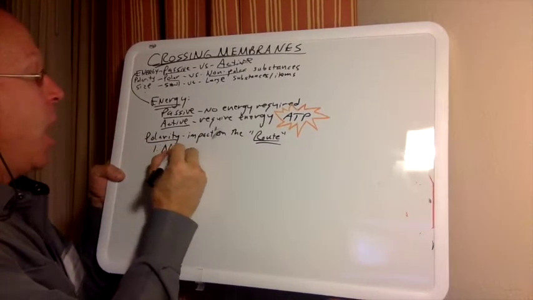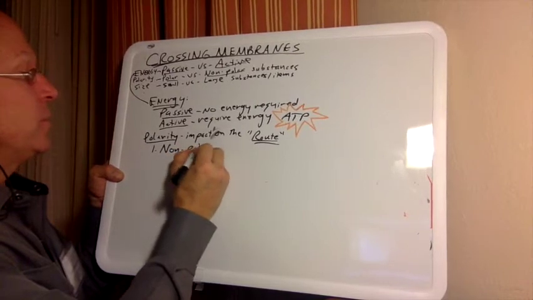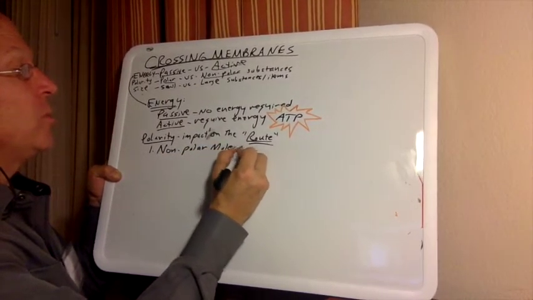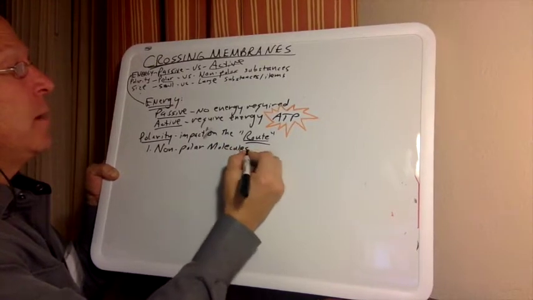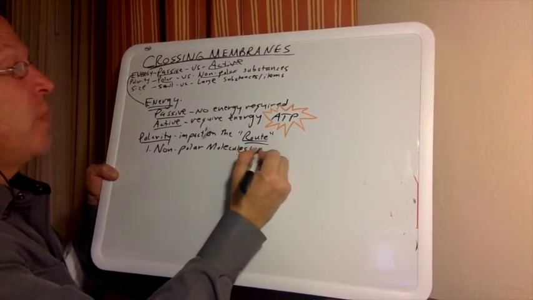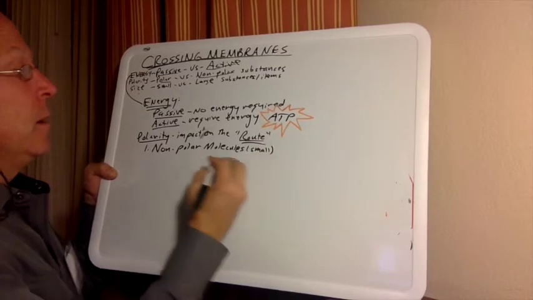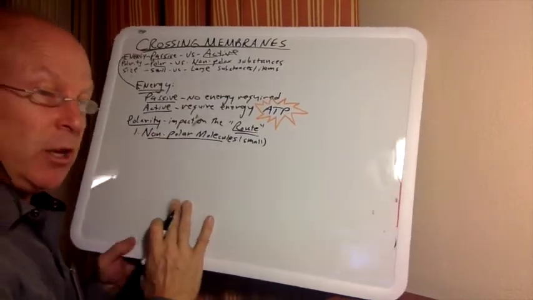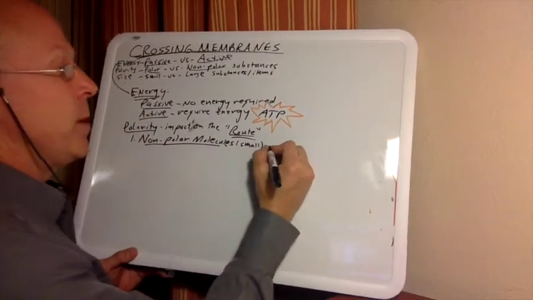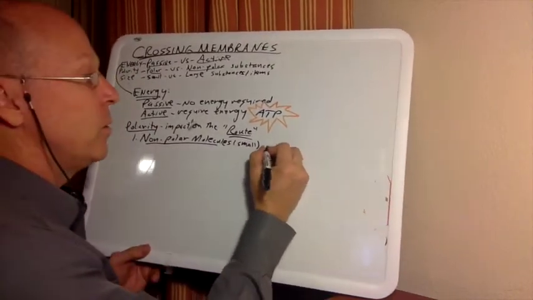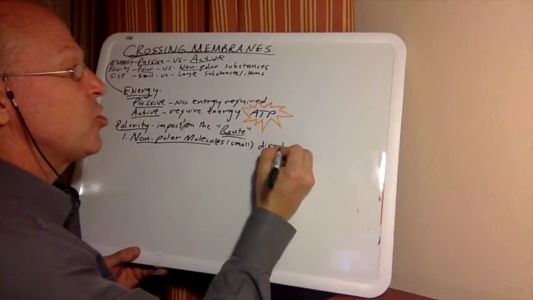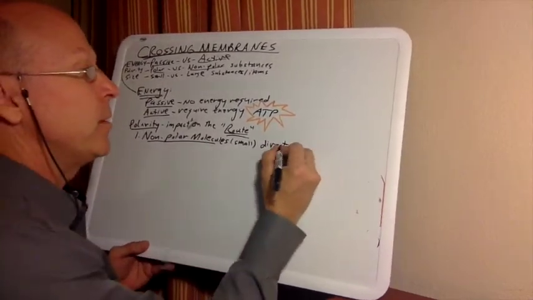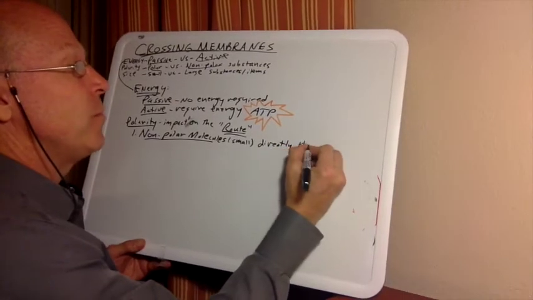So non-polar molecules, and these aren't large molecules. I'll say generally small ones. Non-polar molecules can actually go directly through the membrane. So they can cross that hydrophobic part of the phospholipid bilayer directly.